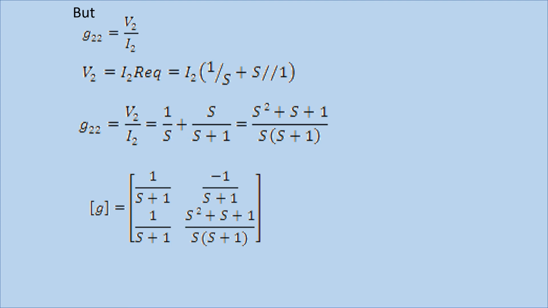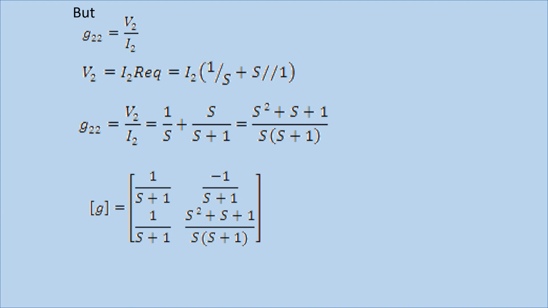You should get S squared plus S plus 1 over S times S plus 1, multiplied by your I2. So your G22 will simply be V2 over I2, and the I2 will cancel out. So you will simply get S squared plus S plus 1 over S times S plus 1, as shown.